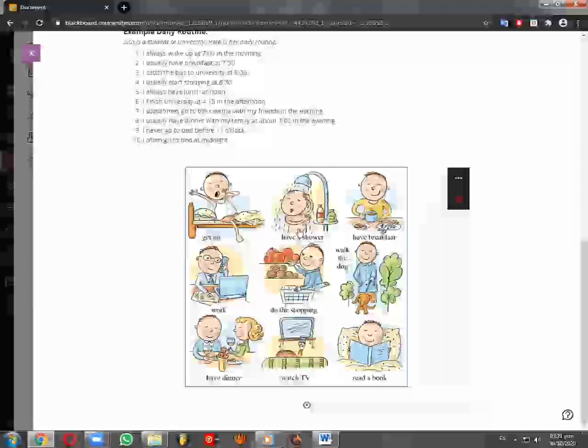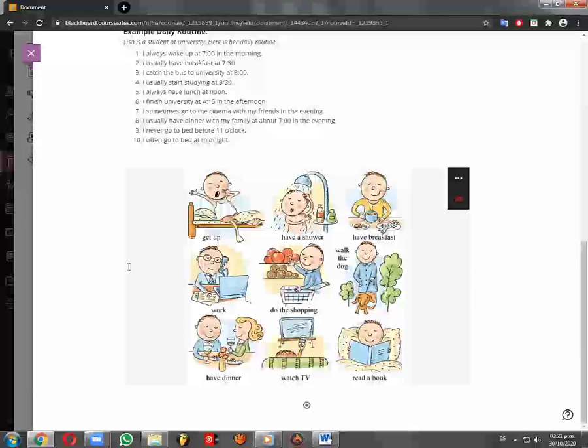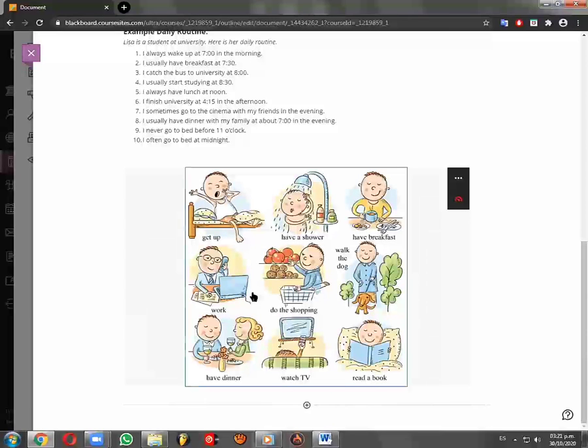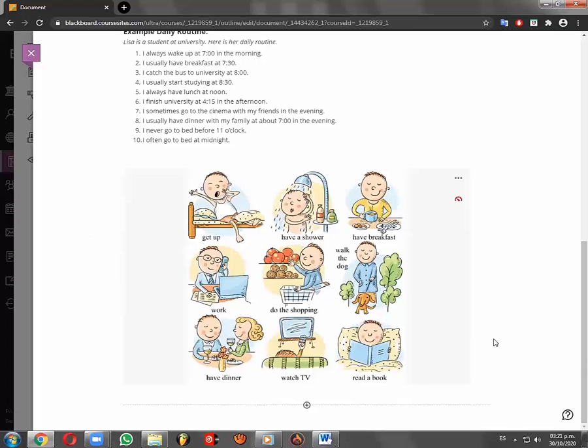And I show you the picture. So identify words with the actions for your daily routine.